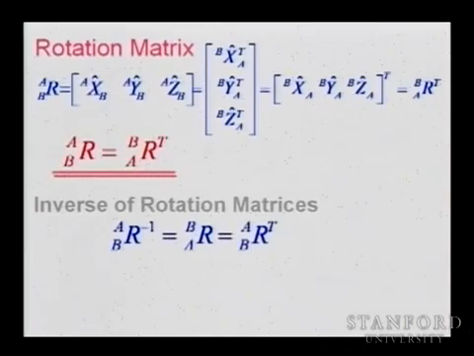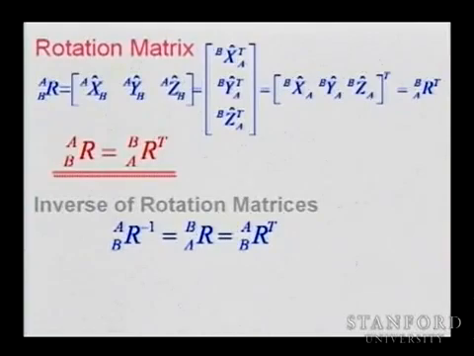If I'm trying to compute the inverse of the rotation matrix B to A, which means it's A to B, it is simply B to A transpose. The inverse of this matrix is simply its transpose.